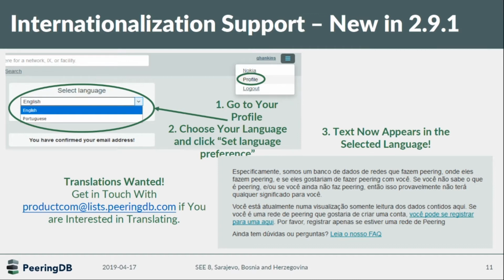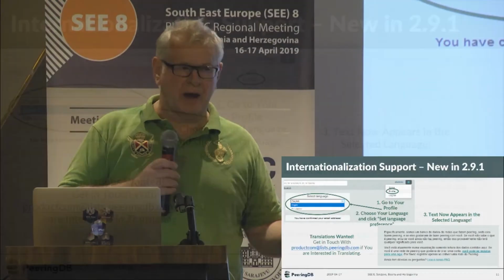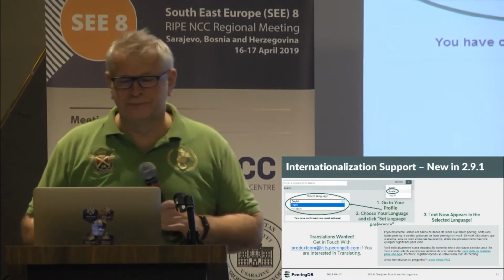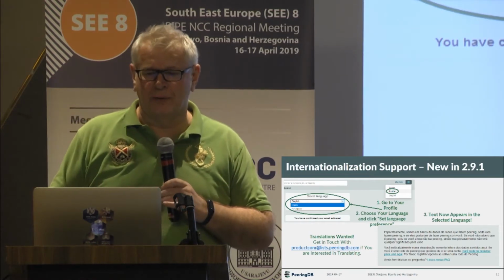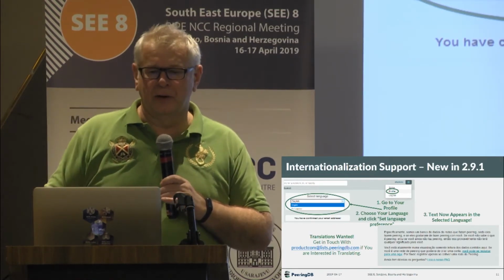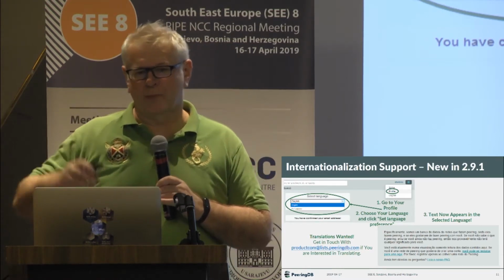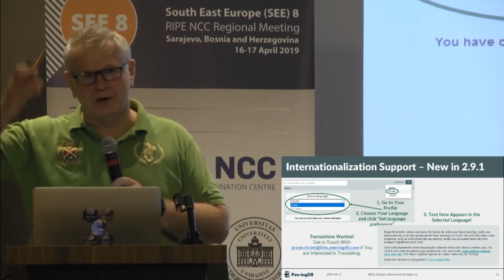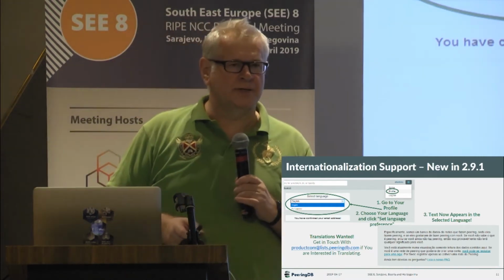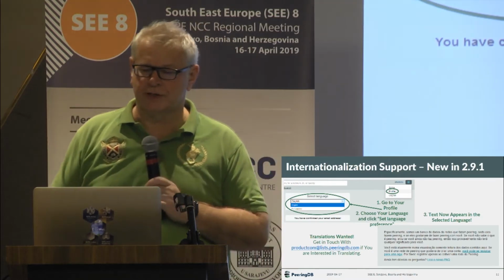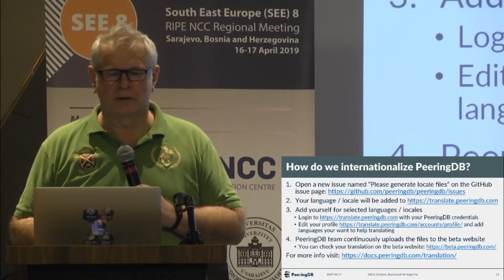We started with Portuguese as the first language, and now more or less we are able to have any language in PeeringDB. You can already go on better.peeringdb.com, which is our development site, and see a list of languages which have at least partial translation in PeeringDB.